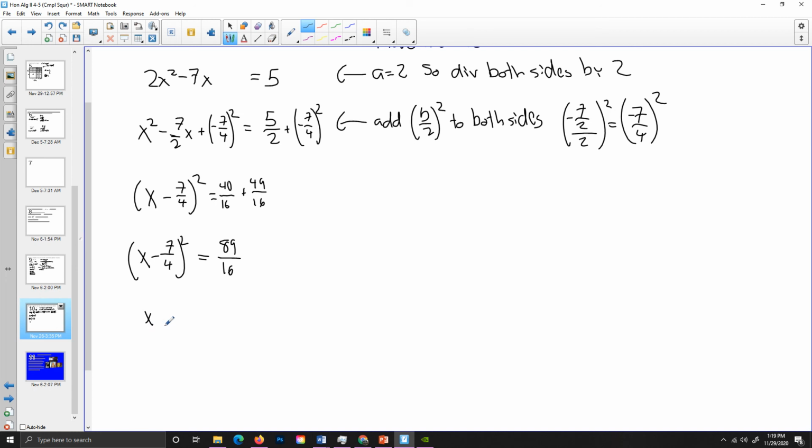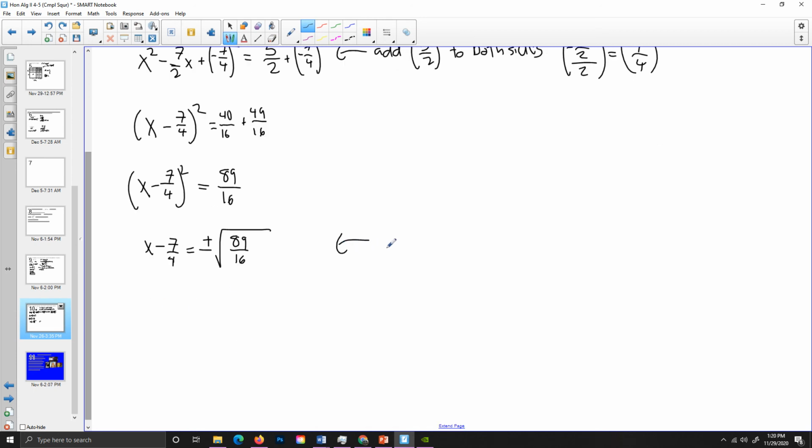I'll have x minus 7 over 4 equals plus or minus the square root of 89 over 16. Now I want to add 7 over 4 to both sides.